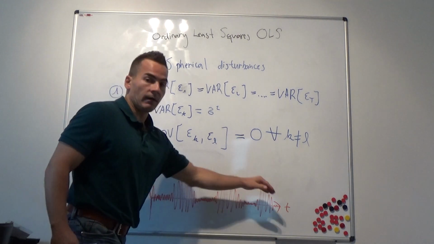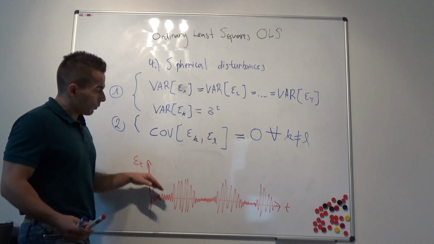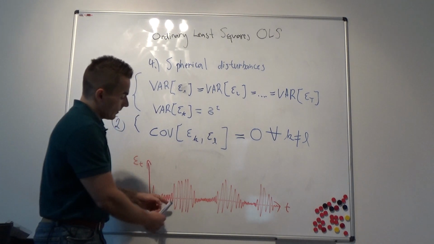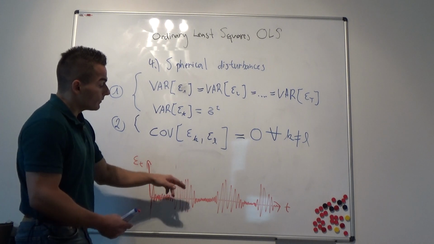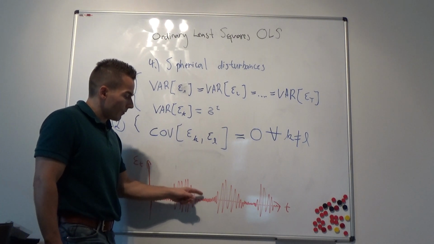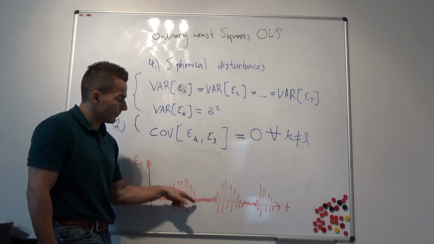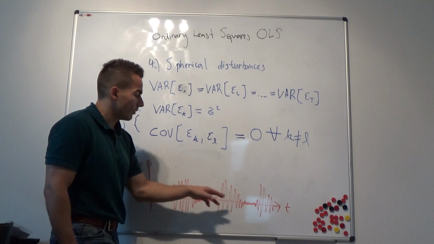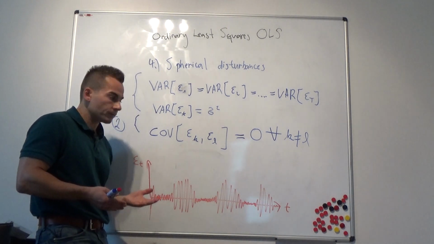We don't have positive autocorrelation here. But what do we see? We have periods where the volatility is very high, and we have periods where the residual term has a very low uncertainty, very low volatility. Then high volatility, then again a period of low volatility. So periods of low and high volatility are alternating.